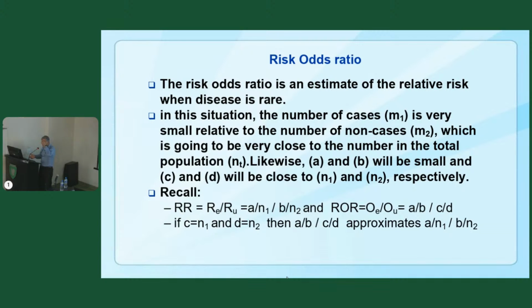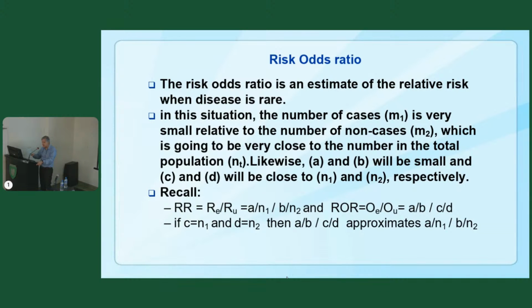Okay, so when you have situations like that, you can estimate the relative risk by the risk-odds ratio. And that's what I'm saying here. So you remember that A, B, C, D. If C becomes very close to N1 and D very close to N2, then A over B divided by C over D approximates A over N1 divided by B over N2.